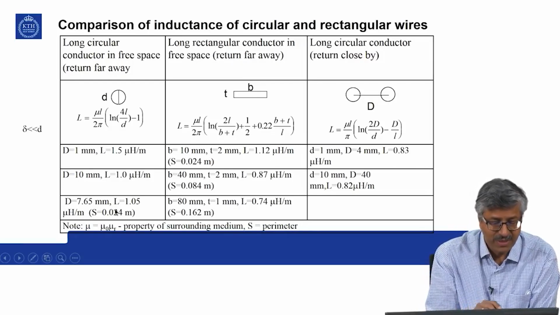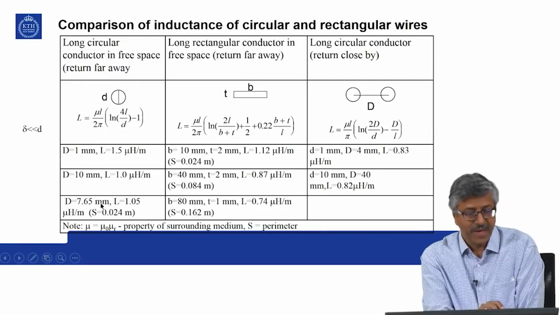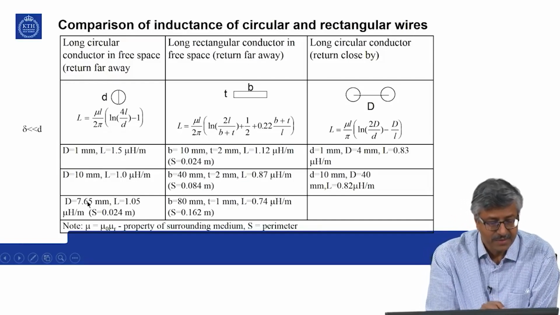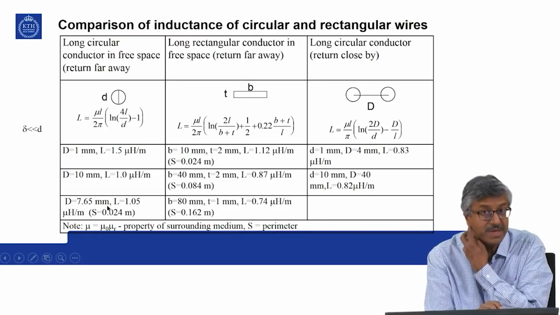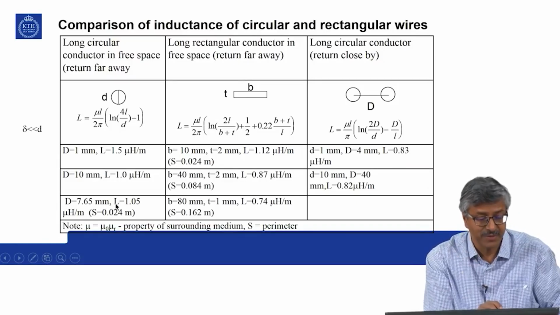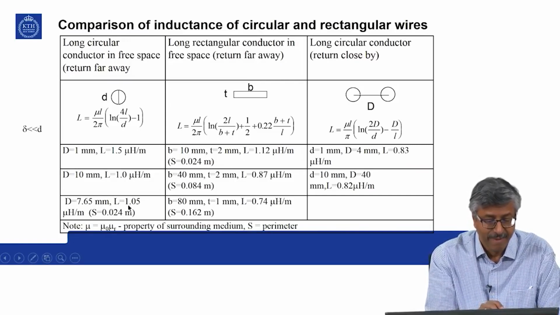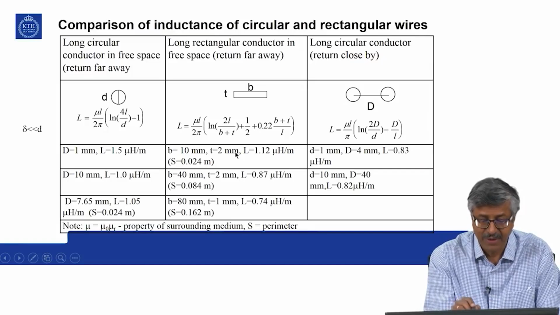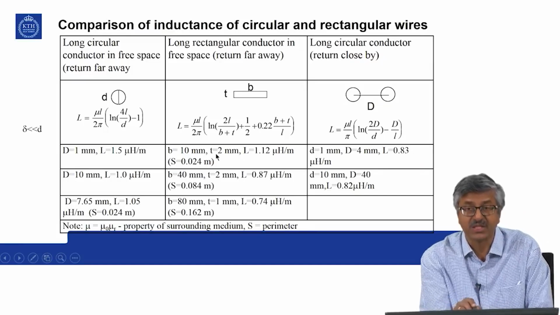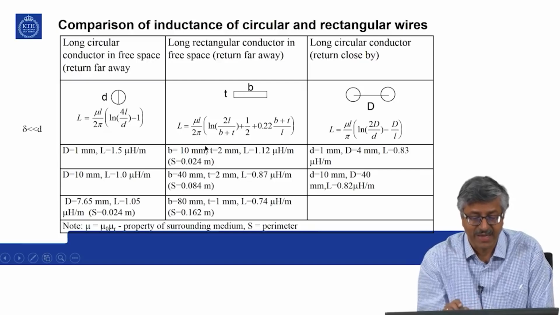To achieve that, you need a wire of diameter 7.65 millimeter, that is almost 1 centimeter. It is a very thick rod. You need that for achieving L equal to 1.05, whereas you can already achieve a value close to that with a thin strip, which is very easy to realize.